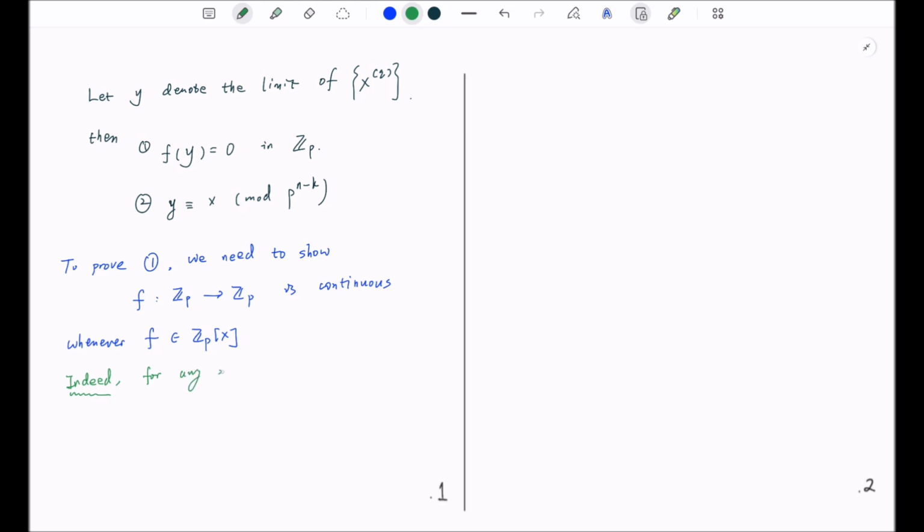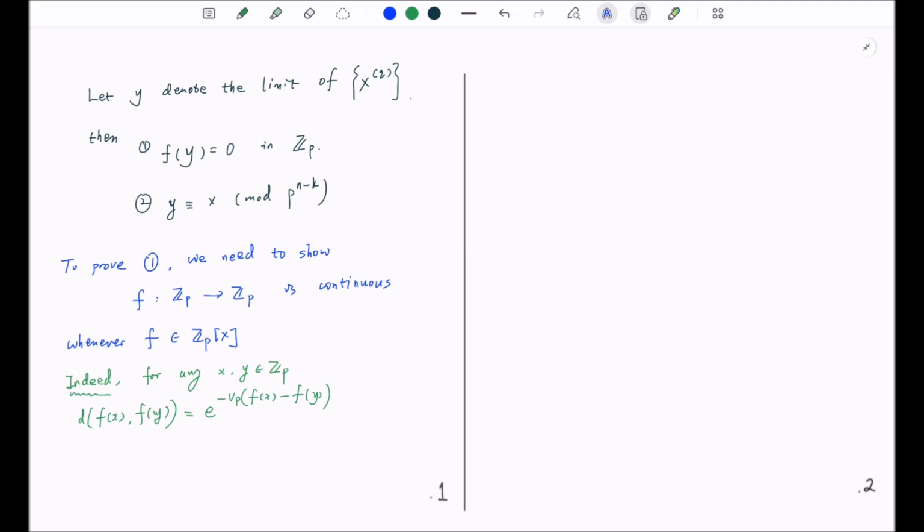For any x and y in Zp, the distance between f of x and f of y, by definition, is e to the power negative Vp of f of x minus f of y.